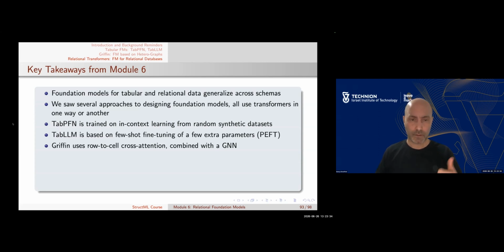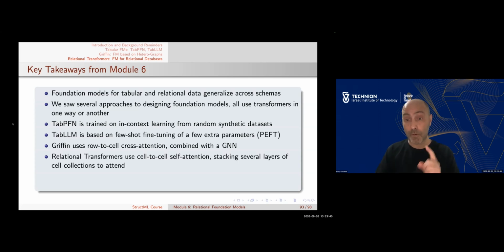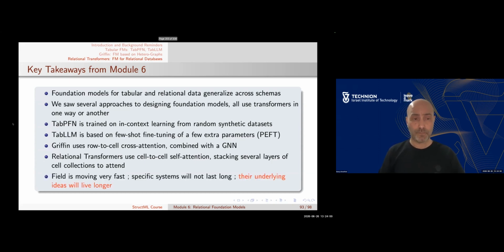Griffin uses row-to-cell or fact-to-cell cross attention and combined it with a GNN in a graph approach. RT used cell-to-cell attention, stacking several layers, each attending to a different collection of cells in the context. So we saw different ways of using transformers and incorporating the structure of our structured data.